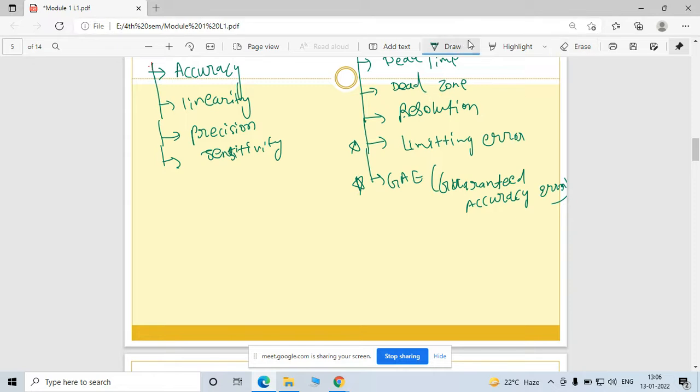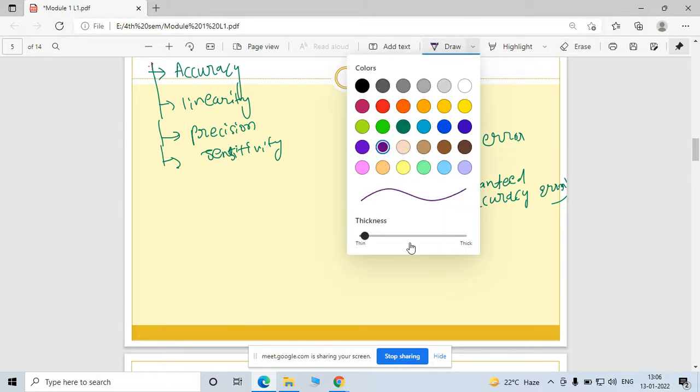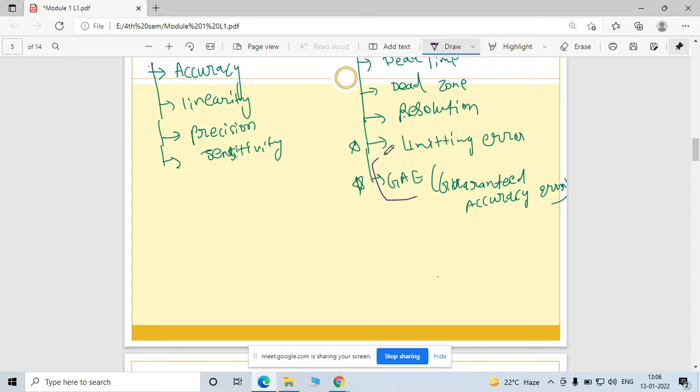Limiting error is variable in nature. Earlier it was specified, but nowadays the manufacturer only specifies the guaranteed accuracy error.